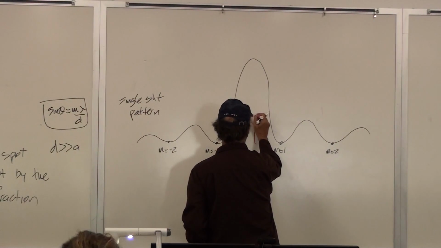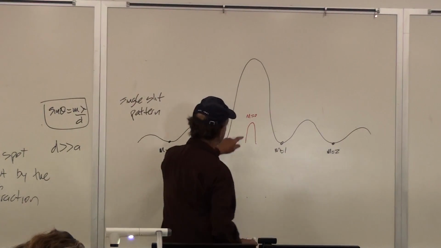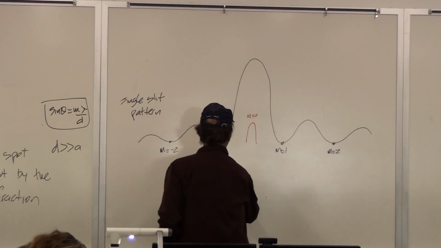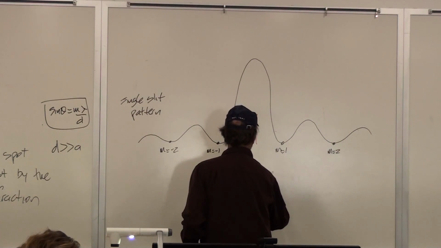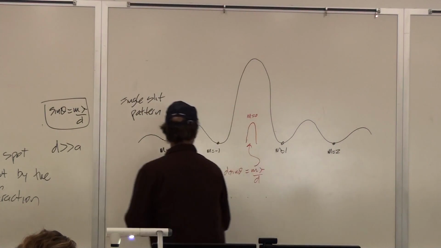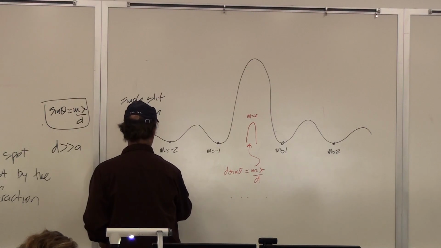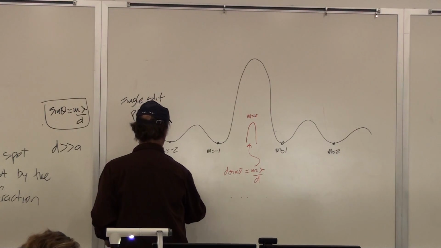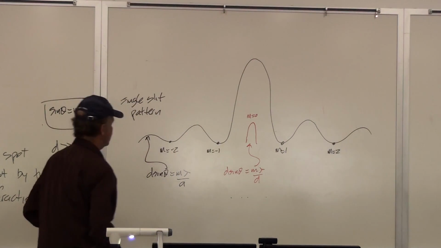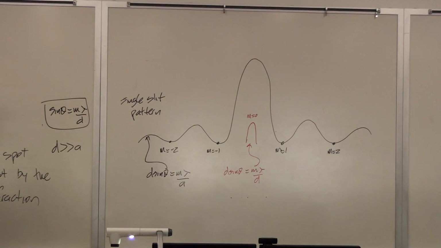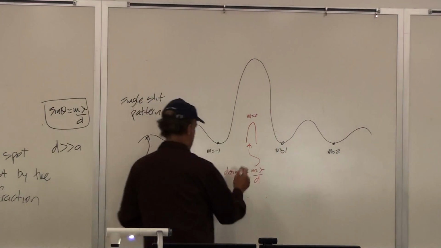Remember, these aren't the same m's. This is the m for the d sine theta equals m lambda over d. This is the plot for the a sine theta equals m lambda over a. So the m values aren't the same.